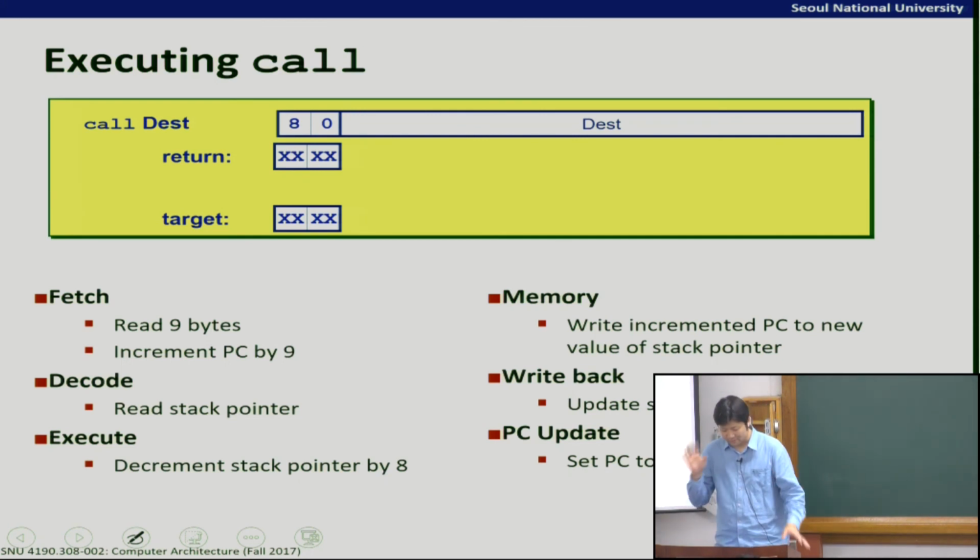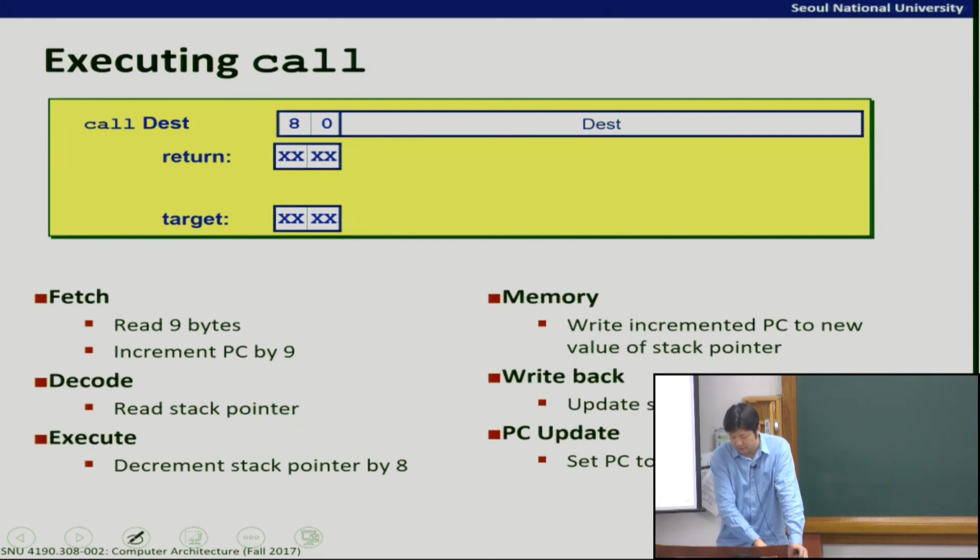Oh, sorry, it's actually not true. I was talking about return. In the call instruction, you actually have to push the return address. You have to first push the return address onto the stack, and then you update the PC with the destination address. So in execute stage, you push the return address by decrementing the stack pointer by 8. In memory stage, you write the incremented PC.